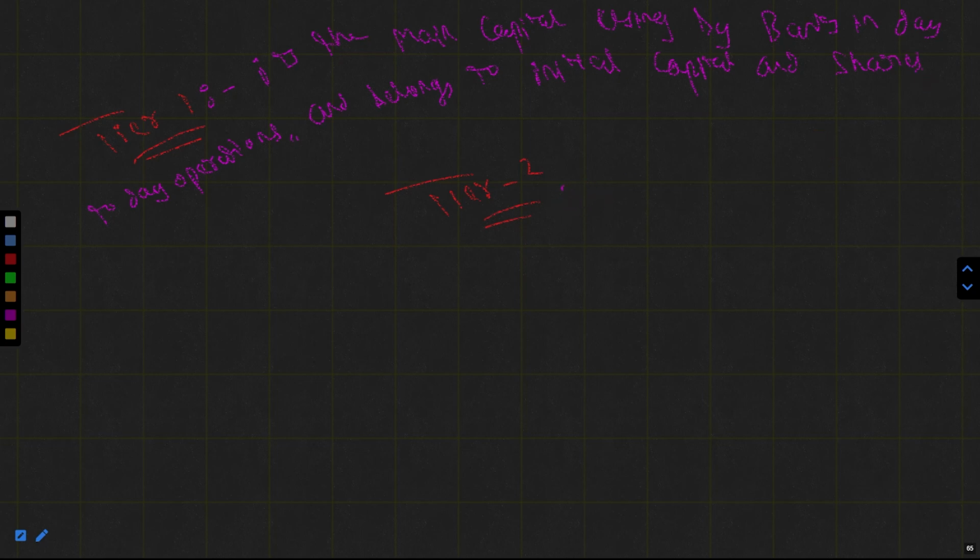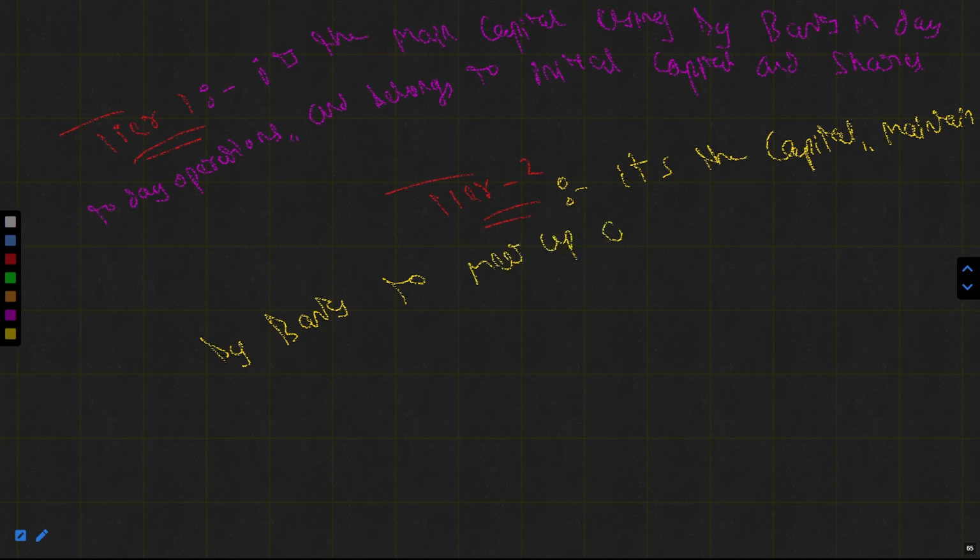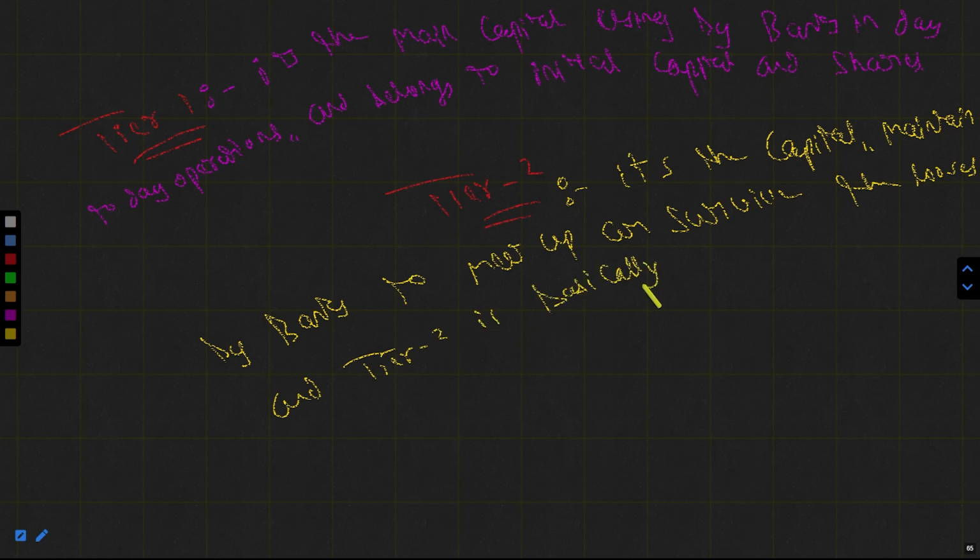All right, whereas Tier 2 is the capital maintained by banks to meet up or survive the losses, and Tier 2 capital is basically confidential in nature. All right, so this is the basic definition of Tier 1 and the Tier 2.